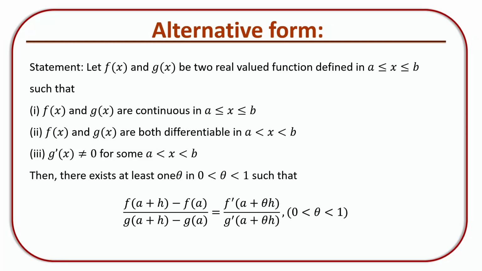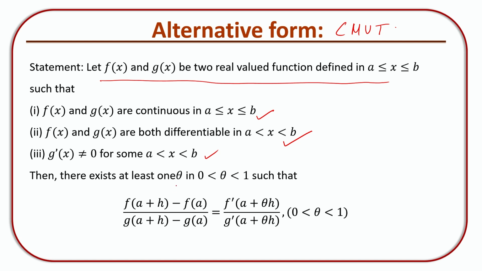Alternative form of the Cauchy mean value theorem: f(x) and g(x) are two real valued functions defined in a closed interval [a, b], such that f(x) and g(x) are continuous in the closed interval [a, b], both differentiable in the open interval (a, b), and g dash is not equal to 0 for any value lying in the open interval (a, b).